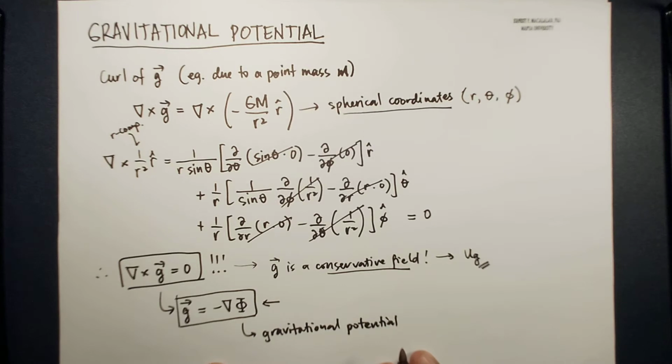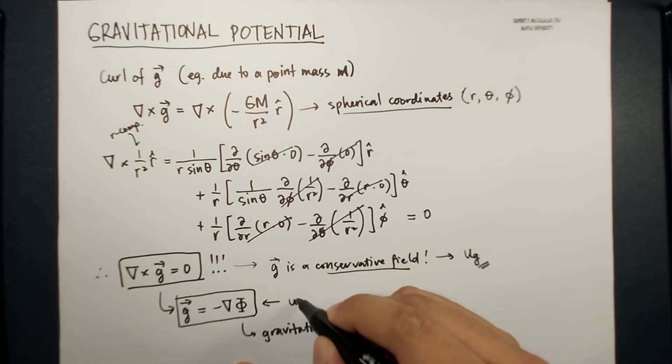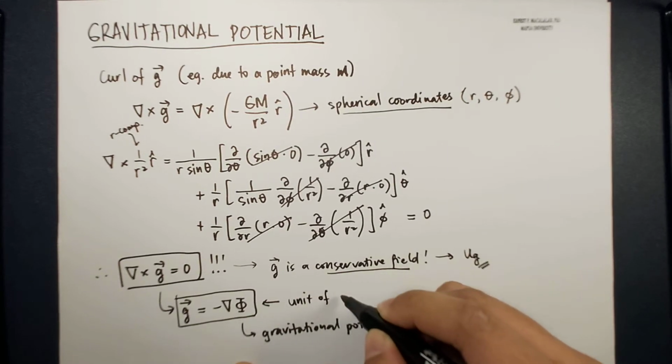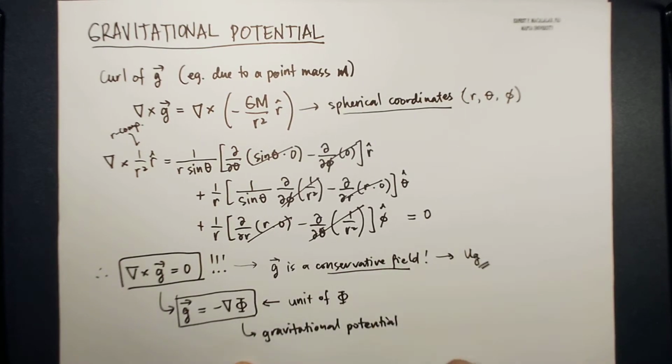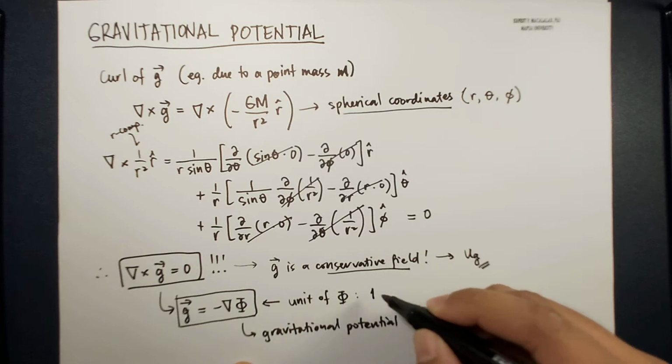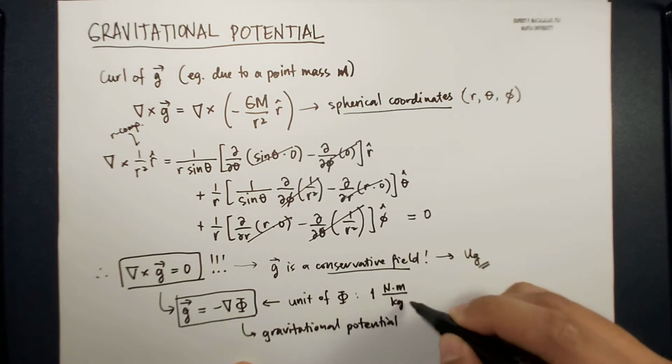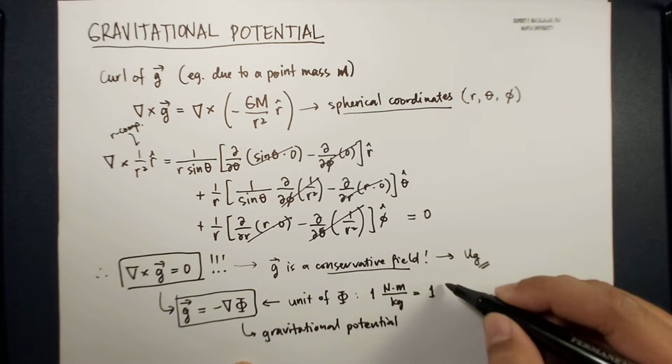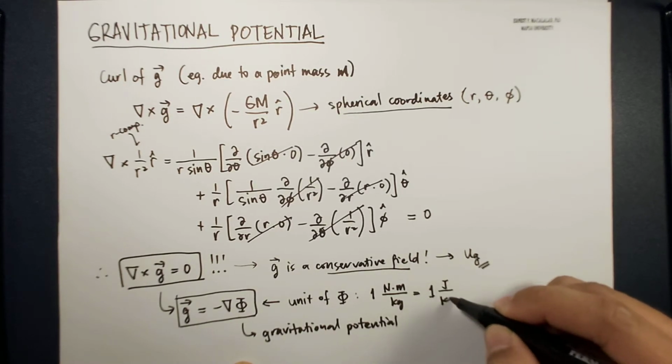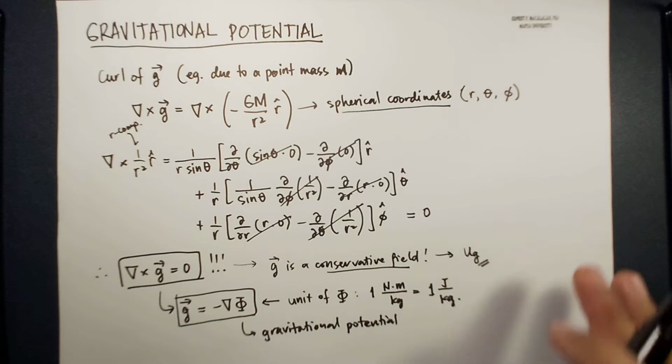Therefore, the unit of phi is actually 1 Newton meter per kilogram, which is also the same as 1 joule per kilogram.